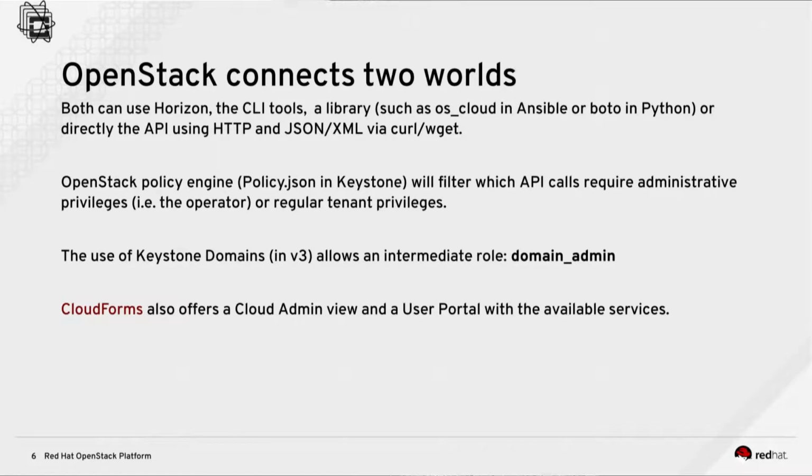Also, something relatively new is the Keystone domains, which are in version 3, and allow us to do something like a domain administrator. So we have a hierarchy of several levels. You have a super admin, and then you have some sub-admins in different data centers and levels. It's now also possible to create something called domain admin, which is not the top level guy, but maybe a bit lower.